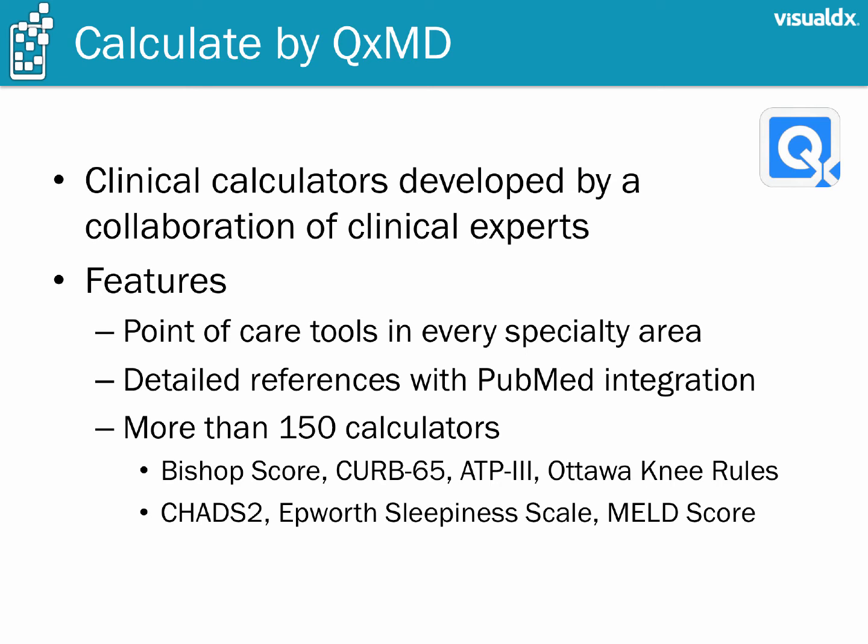And QxMD, again, is a free app that you can download, and it really gives you many calculators. There's over 150 of them that you can use, and of course, this again is something that's referenced using PubMed integration, which I think again makes it trustworthy, and up to date as new studies come in that change things over time.